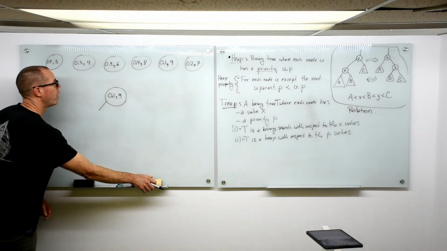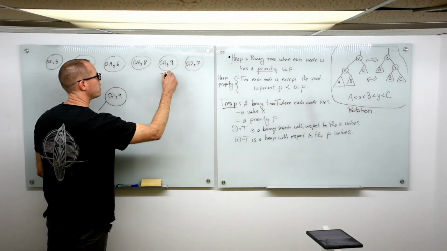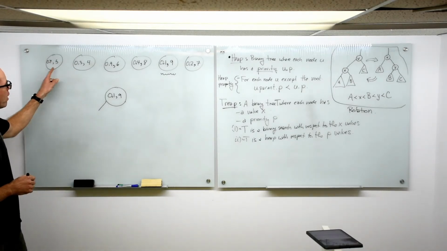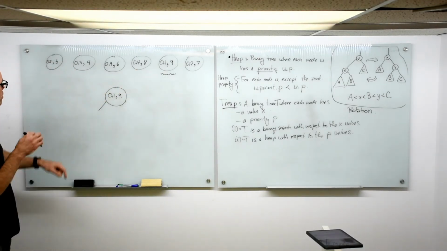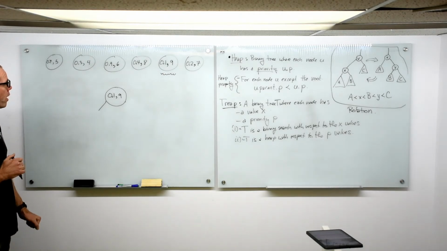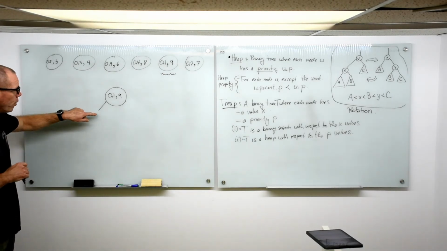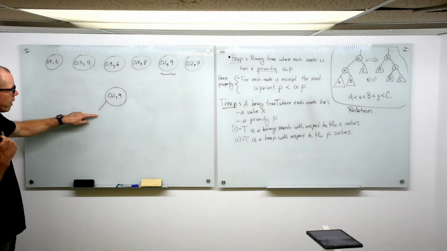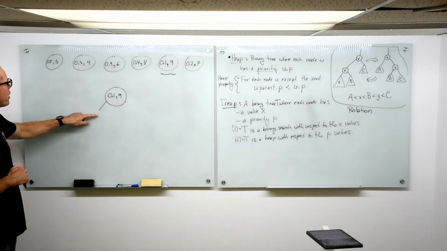So I have already decided that this thing is the root. Now I have the left subtree, which contains all the other nodes, because they all have keys smaller than 9. I need to decide what the root of that subtree is. And again, the heap property says that the only option I have is to take the one with smallest priority.